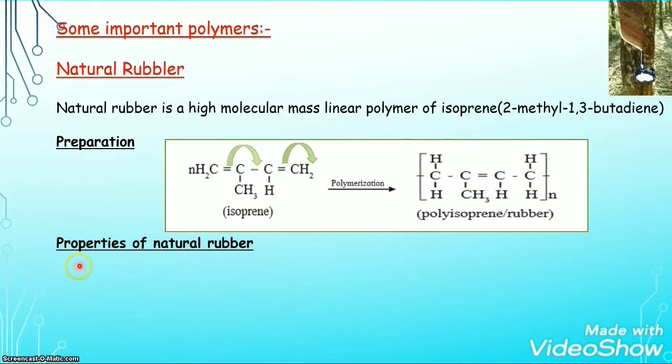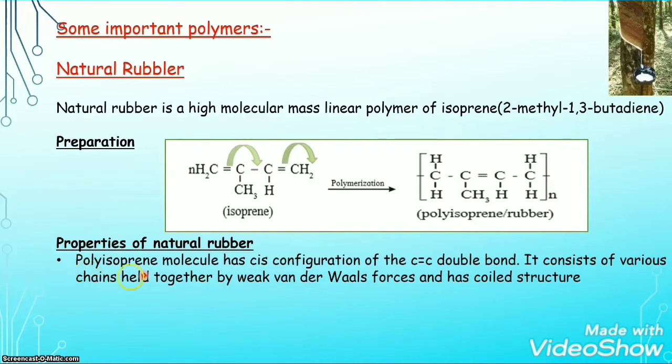Now let us understand the properties of natural rubber. Polyisoprene molecule has a cis configuration of the C double bond C. It consists of various chains held together by weak van der Waals forces and has a coiled structure.